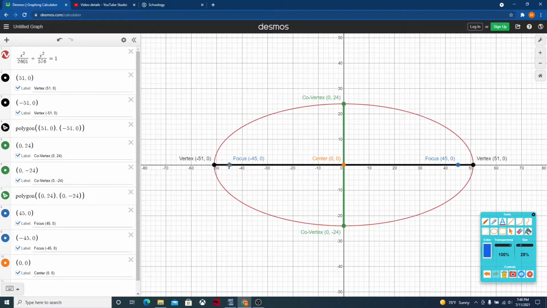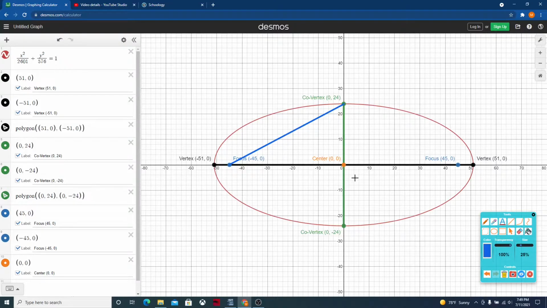Okay. We can draw a line segment that goes from the focus up to this co-vertex. And notice that when we do that, we get a right triangle. Now the legs of the right triangle are the numbers that we got from our Pythagorean triple earlier. Right, the vertical leg has a length of 24, and the horizontal leg has a length of 45.